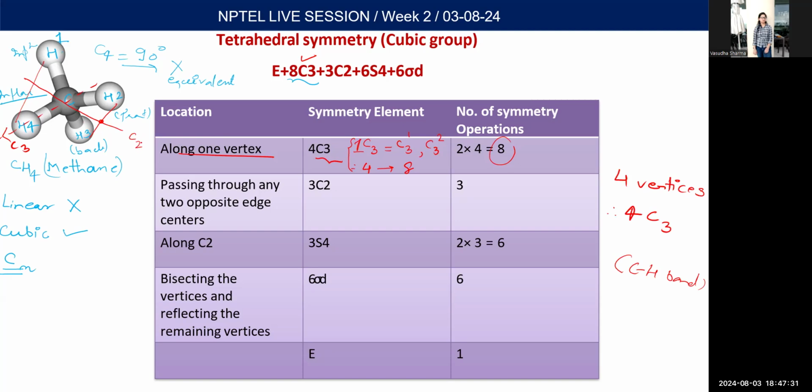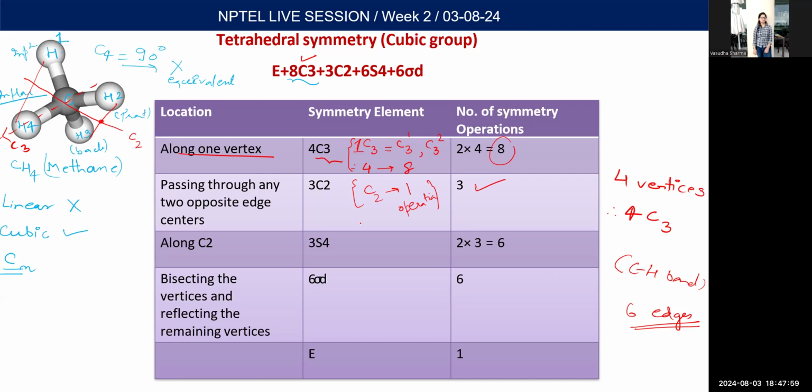There would be three C2s present because we have a total of 6 edges, and a C2 is passing through two opposite edge centers. So there would be 3 C2s, and each C2 gives one operation. Therefore, we will have 3 symmetry operations.